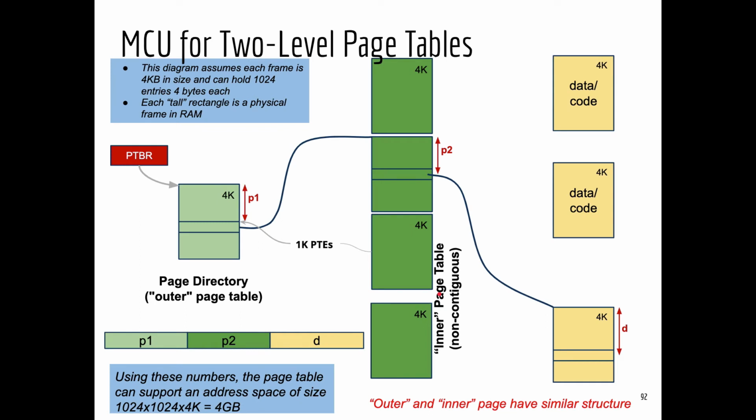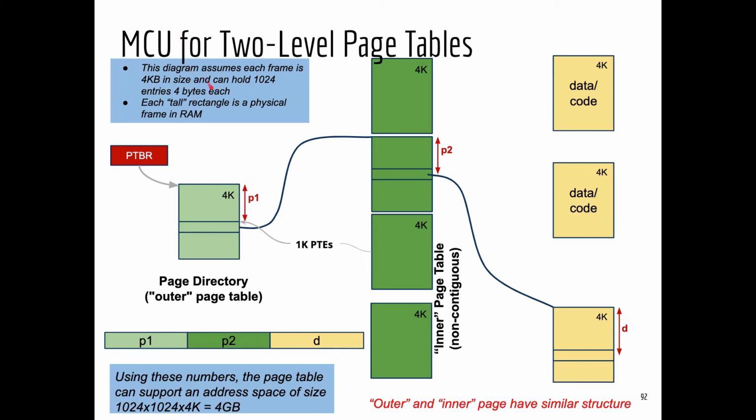So let's look at the implementation in MMU hardware. I'm using a different abbreviation here. Instead of MMU for Memory Management Unit, sometimes we're going to call it Memory Control Unit.